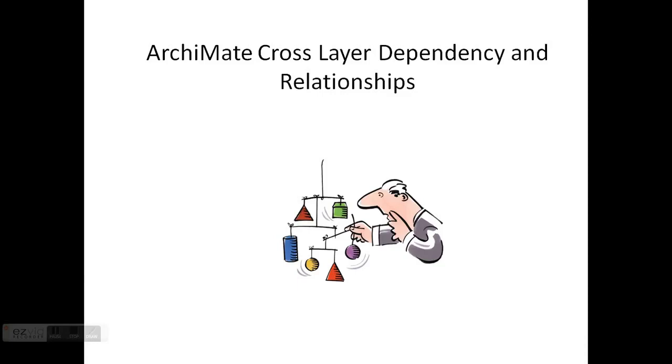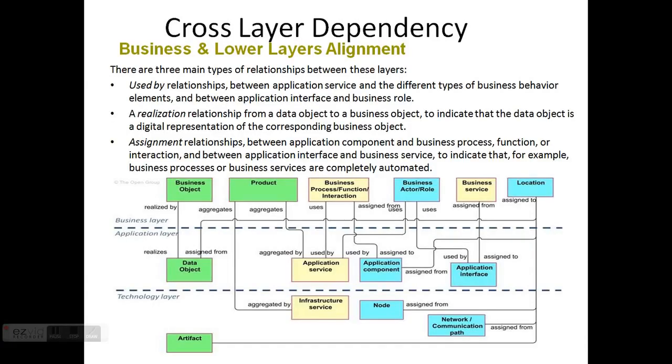A central issue in enterprise architecture is basically business IT alignment. How can these layers match is the question. In this session, I'll describe the relationships that the ArchiMate language offers to model the link between business, application, and technology layers.